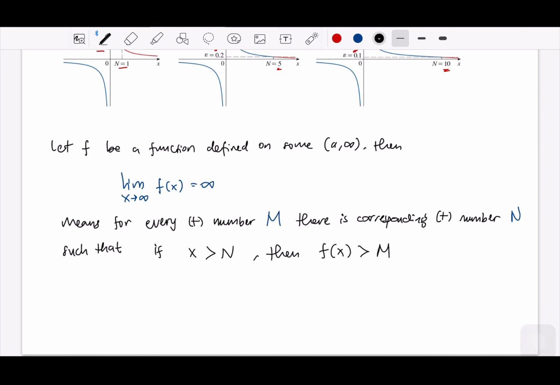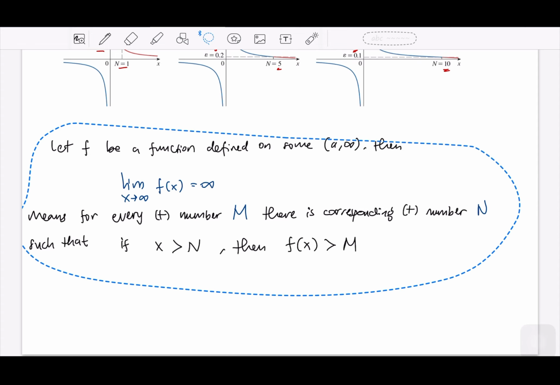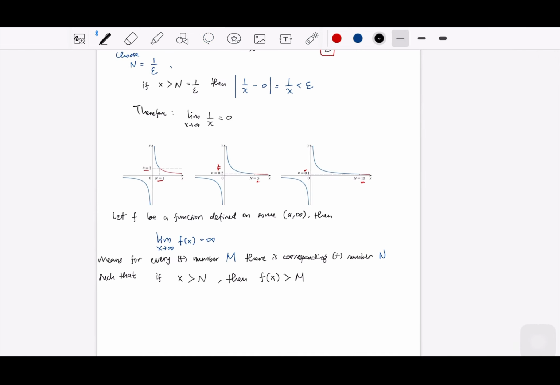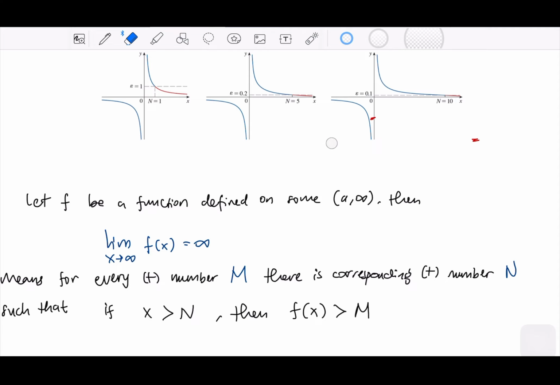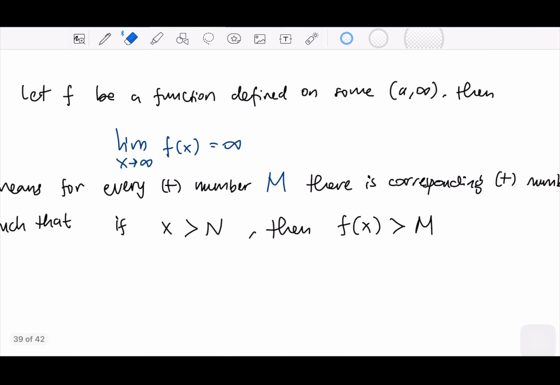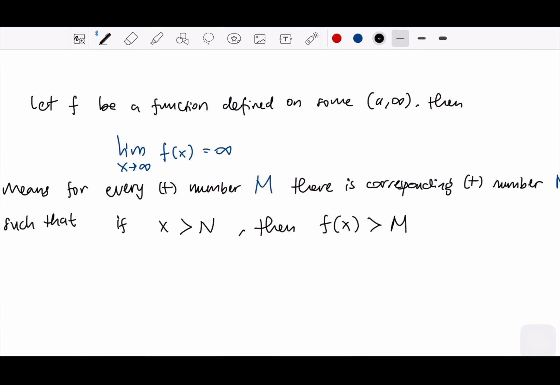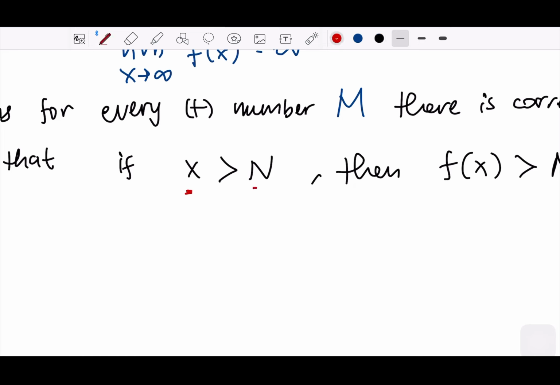So how do we understand this statement? It means that if we have some positive number m, there will be an n such that if we take x larger and larger, there will be no restriction, no getting close to some value for f of x.